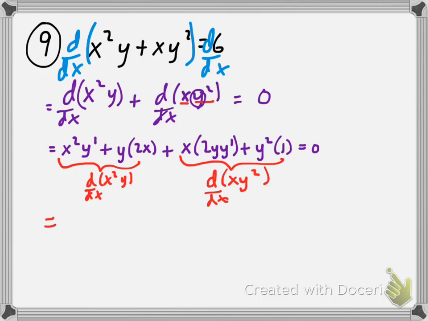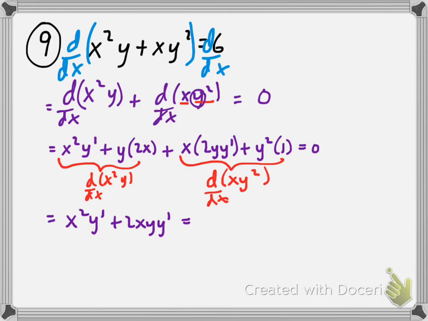The second step says to gather all the terms on one side that have a y prime in them. So we have x squared y prime plus 2xy y prime, equaling, since we're running out of room on this slide, we're going to do a little bit of work in our heads here.